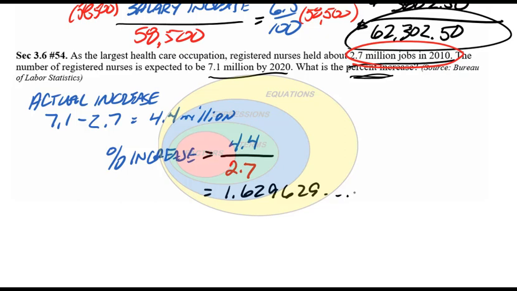We want to convert this to a percentage, and we can probably round to the nearest percent. If we move 2 decimal places and round to the nearest percent, the 9 would make me change the 2 to a 3. So the percent increase would be approximately 163%. This would be a 163% increase.